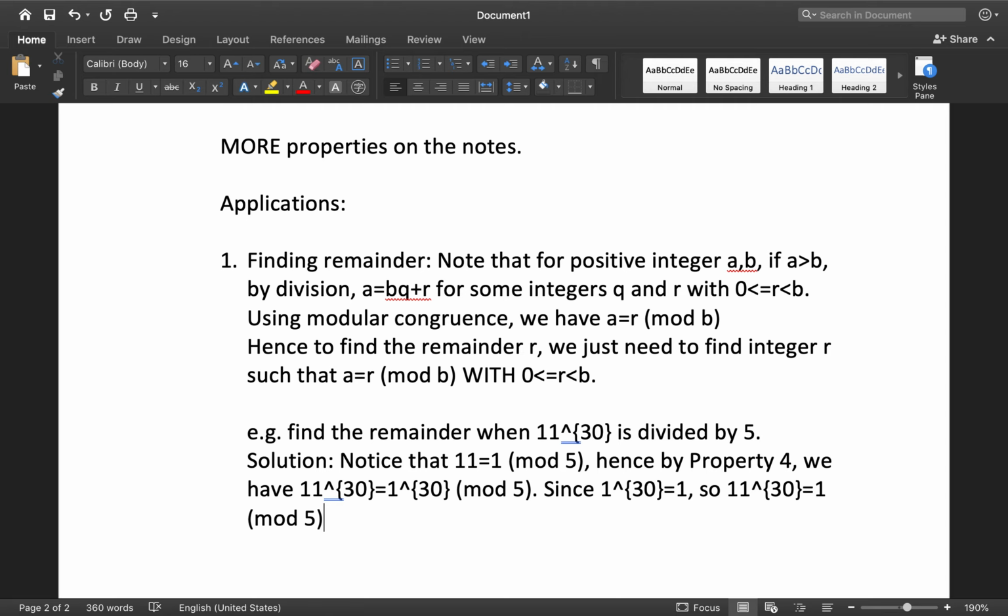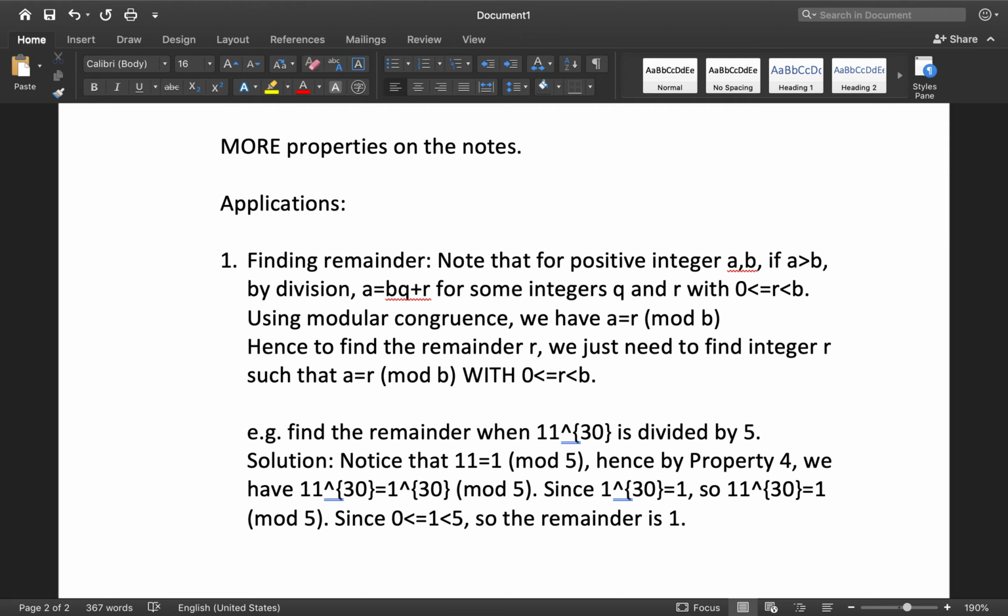Now 0 is less than or equal to 1, and of course 1 is less than 5, so it's within the range. So the remainder is 1.